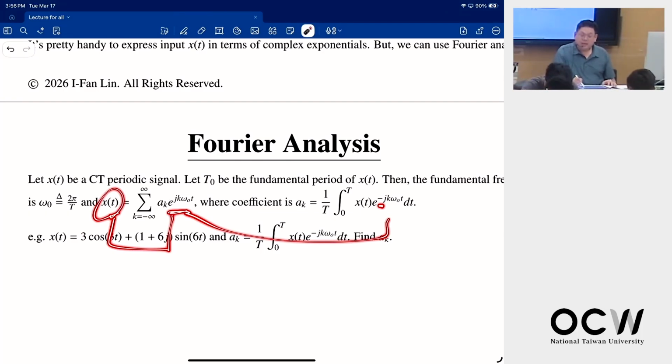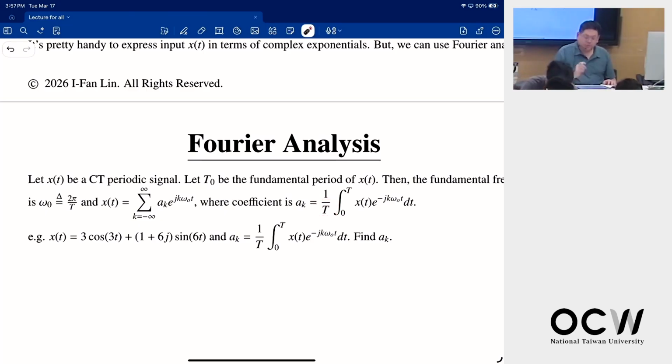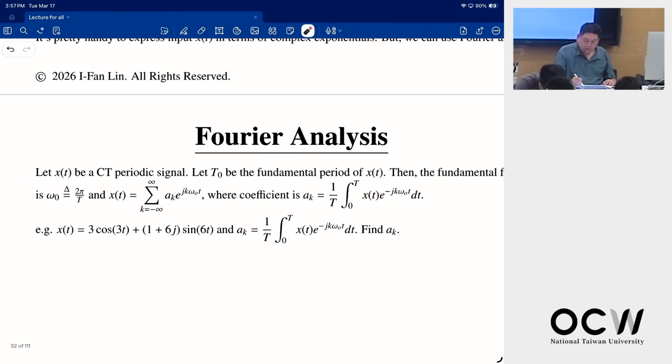Now for the integral, it's just one period, from 0 to T, or minus T over 2 to T over 2, just one period, and divide by your period. So again, you see that to get your coefficient, your x is in the product with your basis, but for the function you need to do the conjugation.